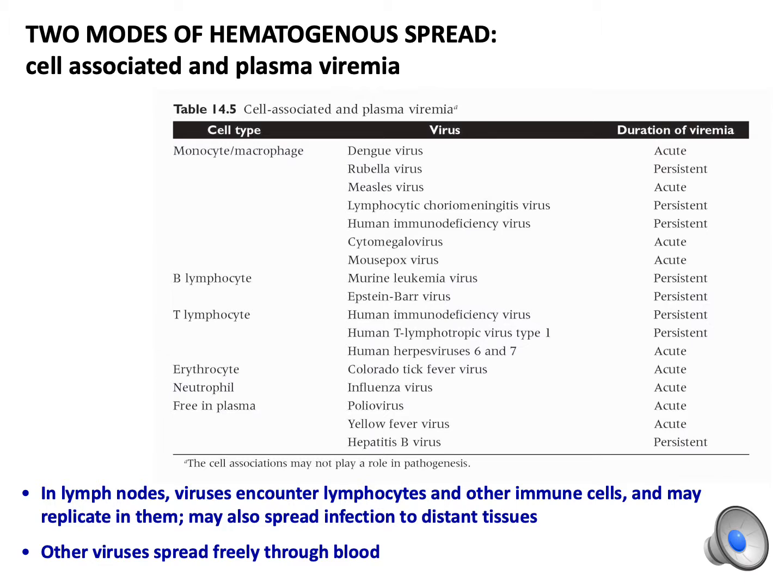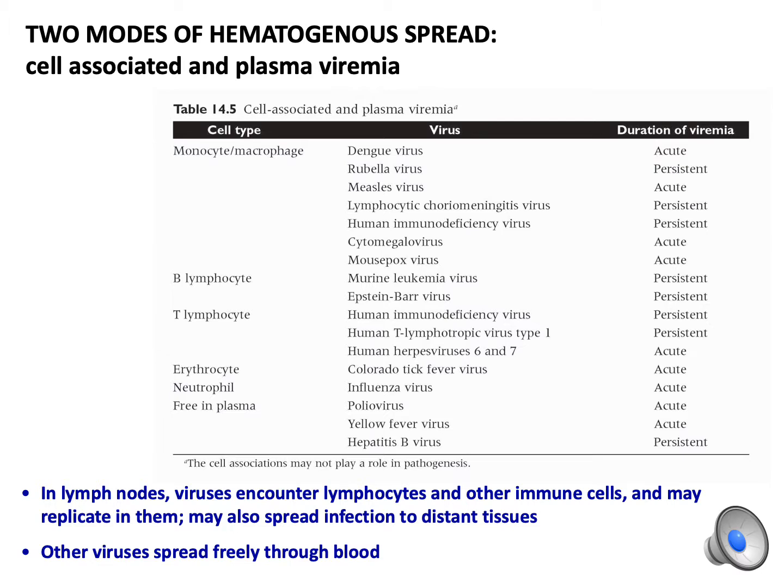When we think about virus in the bloodstream, it can either be associated with cells or virus can be transmitted free in the plasma. And so different viruses use different mechanisms. HIV obviously can be cell associated.